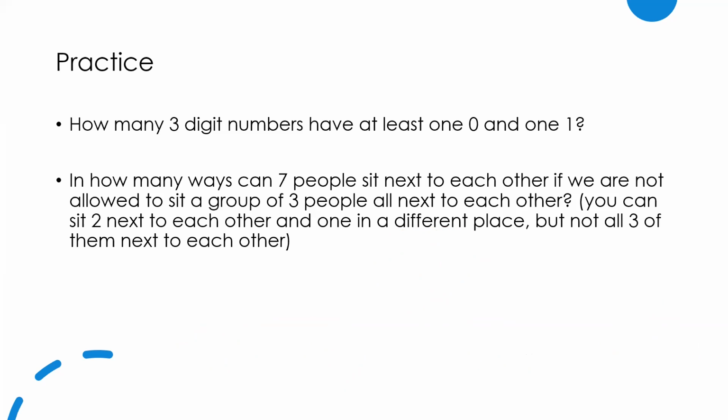And in total, there are 5 different ways we can put all 3 people together, but now we need to multiply by the number of ways we can sit these 3 friends and the number of ways we can sit the 4 other people. When we calculate the 3 friends, we get 3 factorial. And when we calculate the 4 other random people, we get 4 factorial. So it'll end up being 4 times 3 times 2 times 1, times 3 times 2 times 1, times 5.